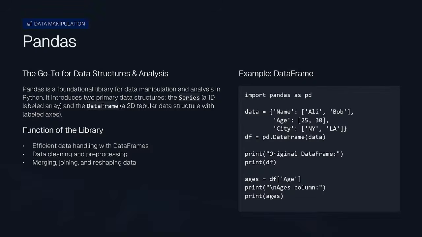And the function of this library is that it is used to handle big data and data with rows and columns, that is known as data frames. It is used for data cleaning and pre-processing, like if we want to merge data, join data, or add some data or delete some data, like anything I want to do with the data, I can do with this.